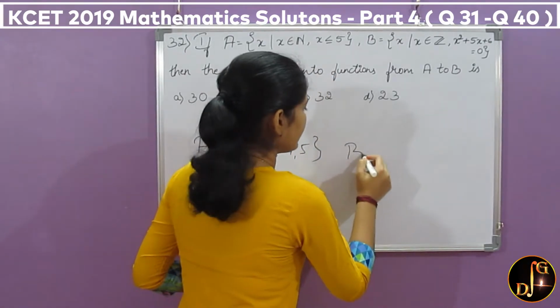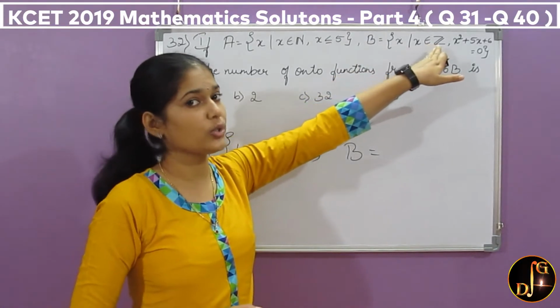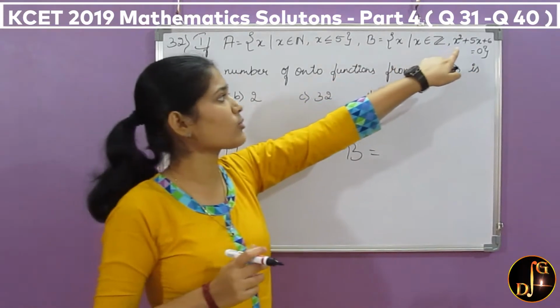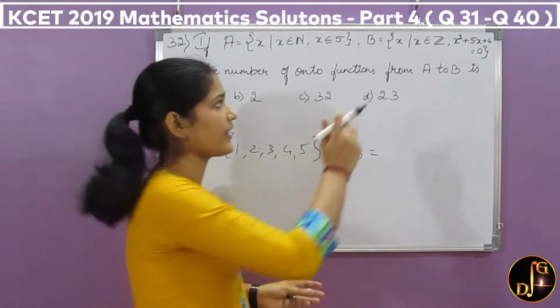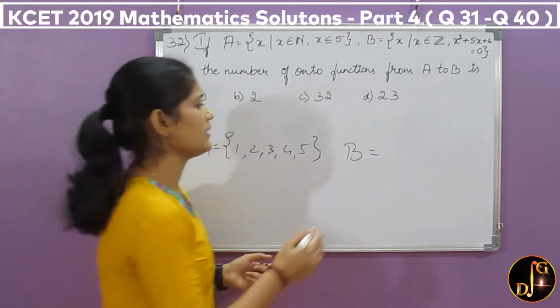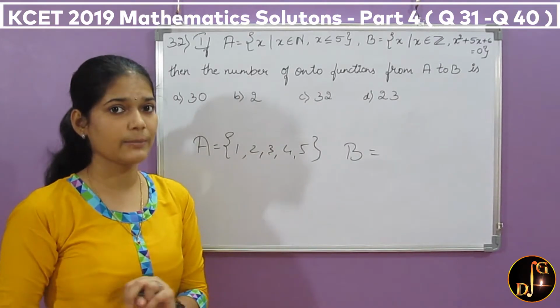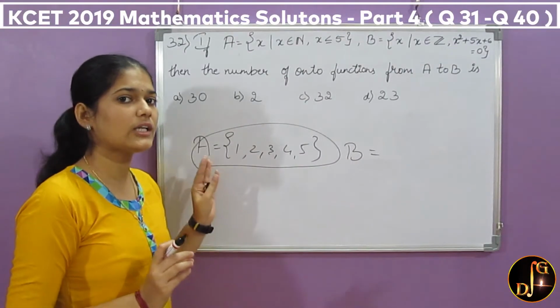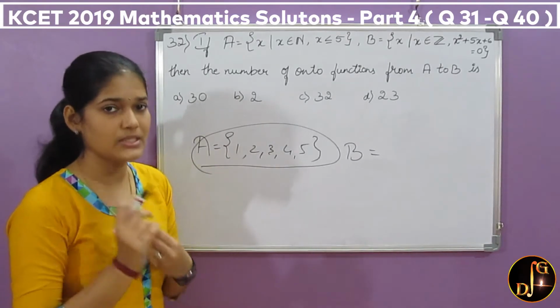Then the set B is set of all x such that x belongs to integers and x square plus 5x plus 6 is equal to 0, means it is a root of the quadratic equation x square plus 5x plus 6 is equal to 0. Then it is a root of quadratic equation means it will have two roots, right? We don't want what all numbers come in that set. We just want number of terms in the set.